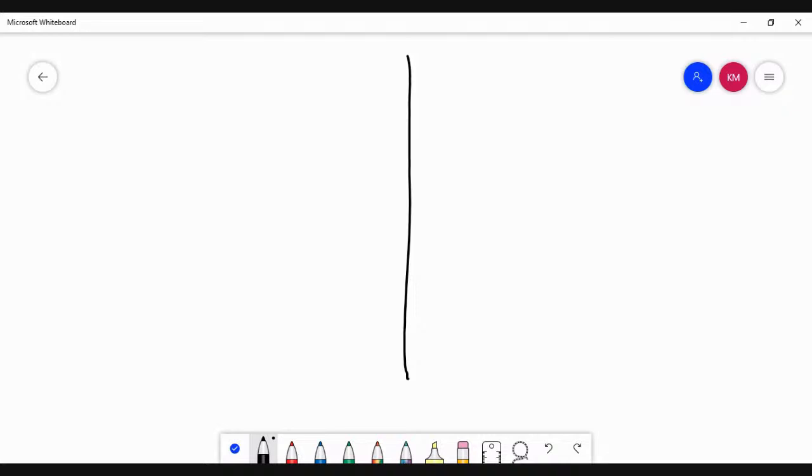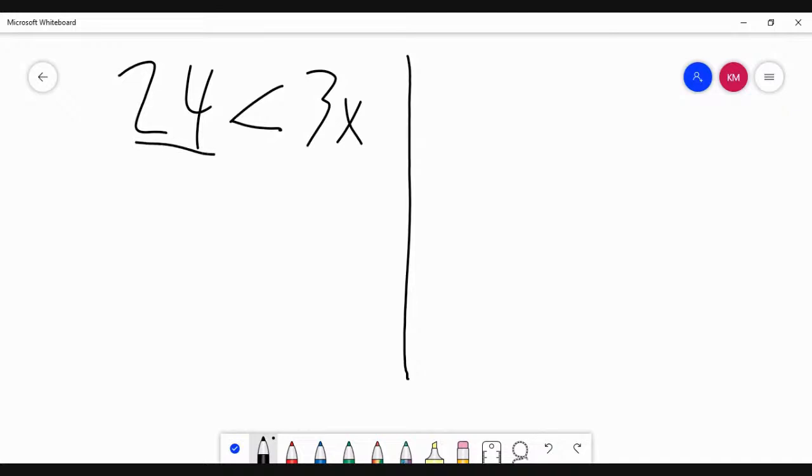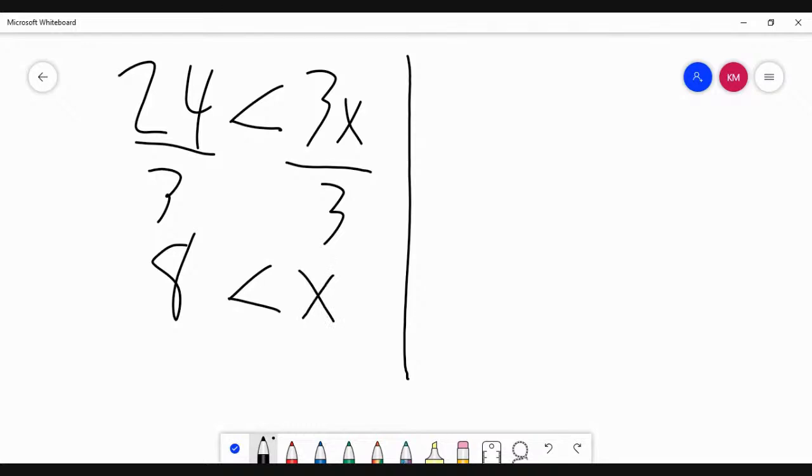Say, for instance, I have 24 is less than 3x. Now, I would divide 3 still, because I must get my x by itself, and that'll say that 8 is less than x.